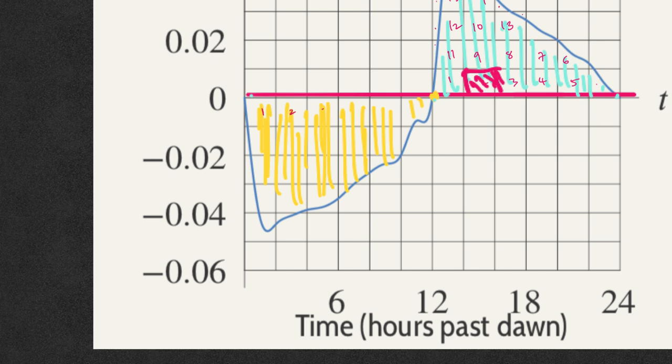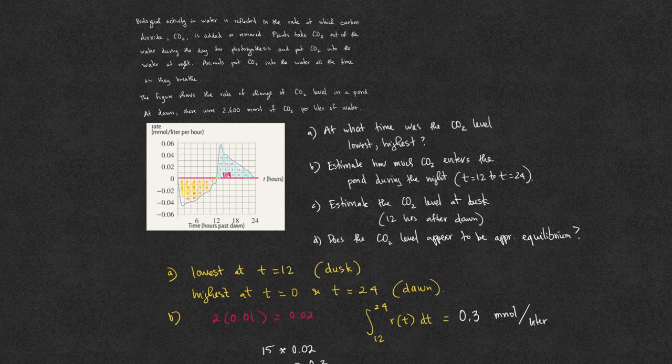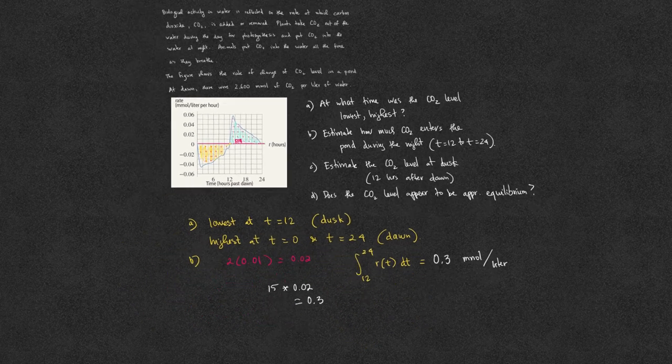About 1, 2, 3, 4, 5, 6, 7, 8, 9, 10, 11, 12, 13, 14, 15, and perhaps 16. We will not count these because they compensate for the missing part in the squares that we counted. We approximate that there are about 16 squares in the region between t equals 0 and t equals 12.